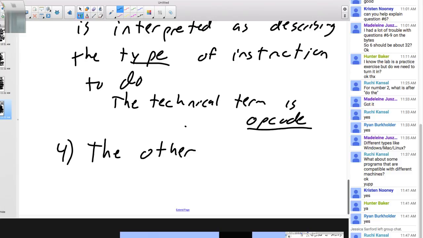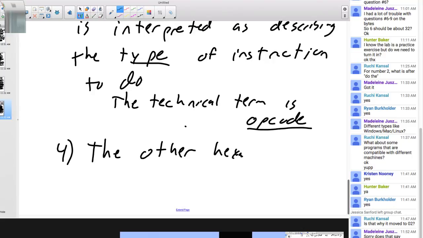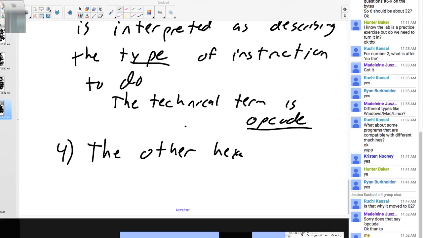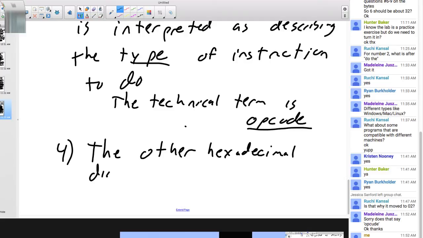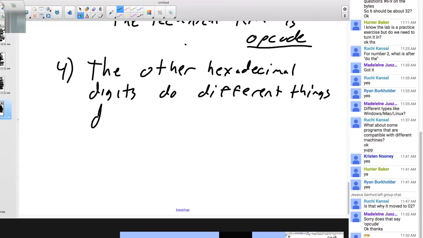The other hexadecimal digits, opcode, yes, OP, opcode. The other hexadecimal digits do different things depending on the instruction.